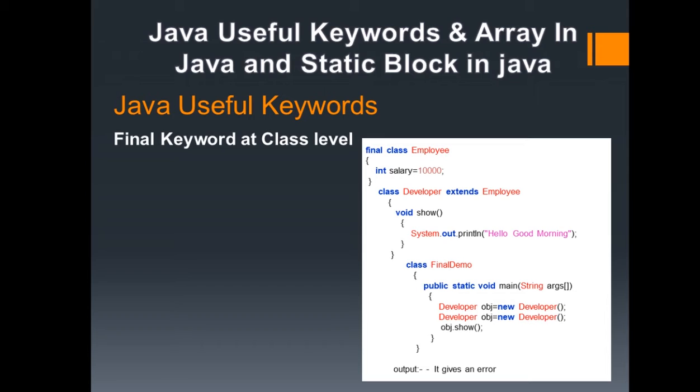There is again a class FinalDemo. We can create the Developer object, but if the class is final, you cannot extend that class. That means you cannot inherit that class from parent to child. That's why it shows an error.